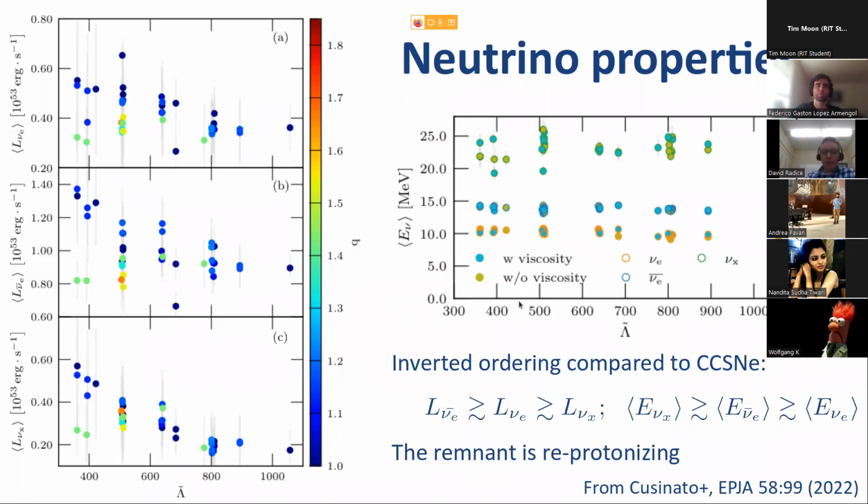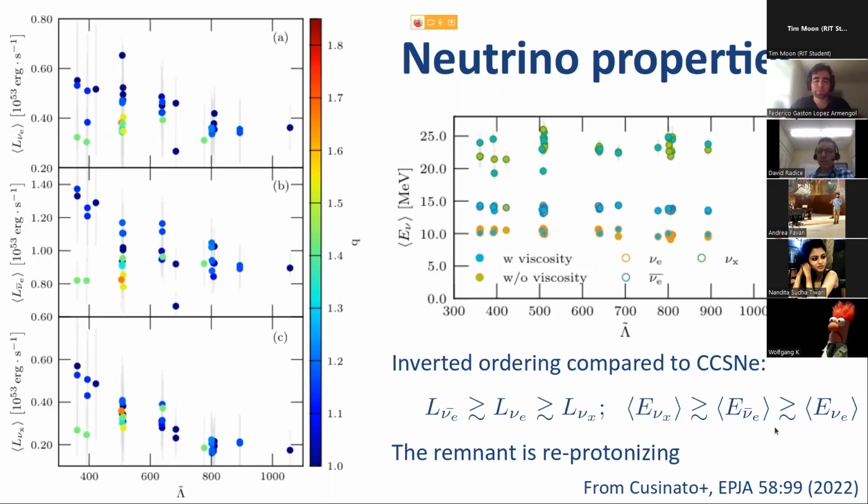For example, we find that the average energies of neutrinos at infinity are roughly independent of the equation of state. There is always a clear hierarchy, with the heavy lepton neutrinos being most energetic, the anti-electron neutrinos being intermediate, and the electron-type neutrino energies being the lowest.